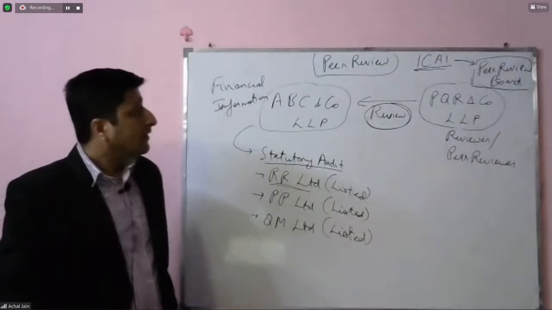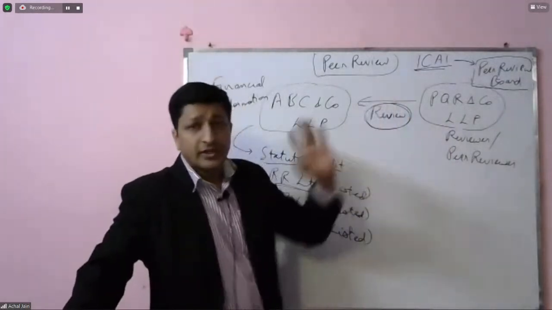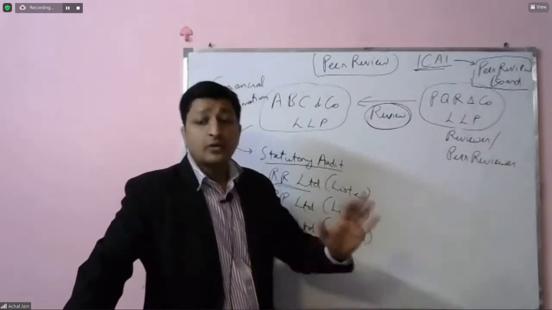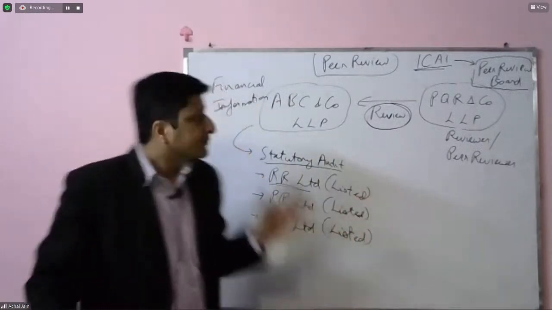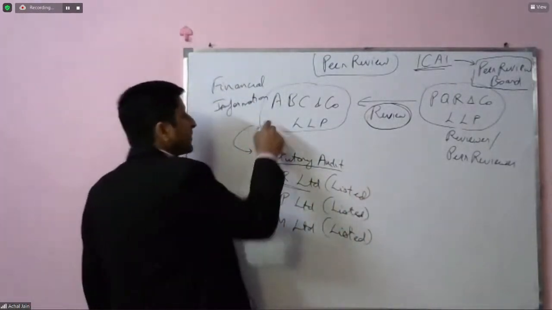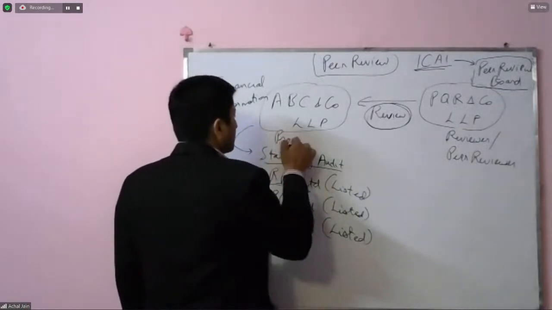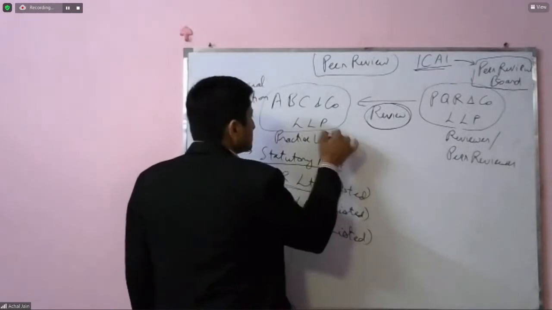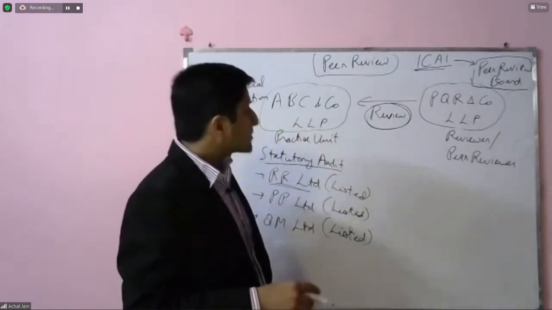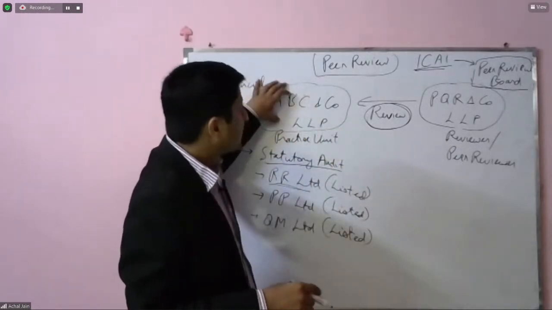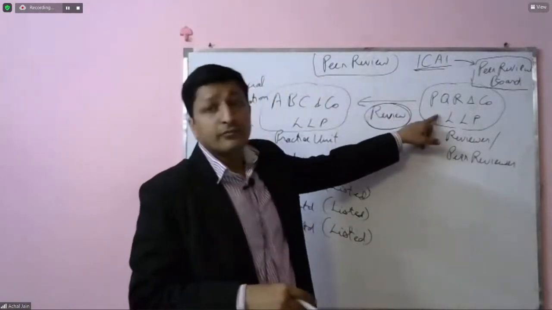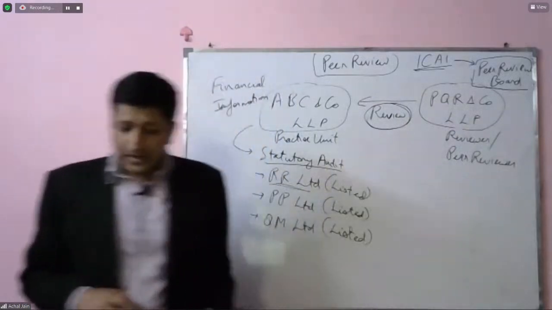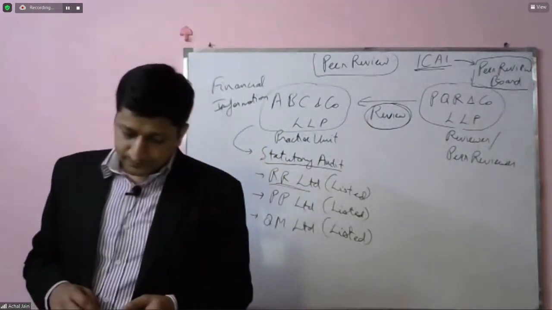And this firm is a practicing unit. This firm is also a practicing unit, but we will call this firm the practice unit for the purposes of our discussion, because this firm is subject to review by this reviewer. So that's why we'll call the other one the reviewer instead of practice unit.